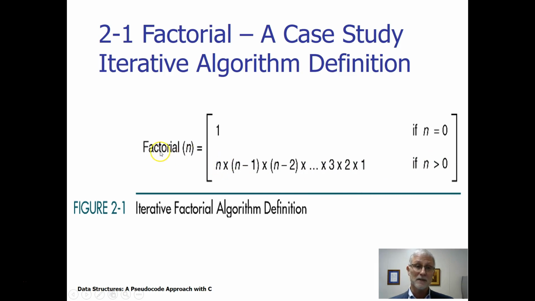So in this case, factorial n is n times n minus 1. Let's say n is 4. It'd be 4 times 3 times 2 times 1 to give you the solution. So it's calling itself over and over again: factorial n minus 1, factorial n minus 2, and so on.